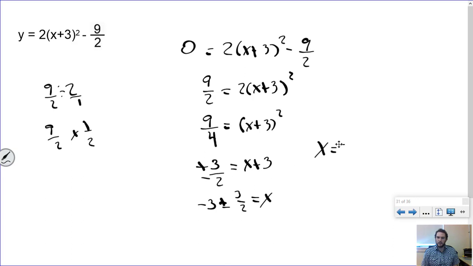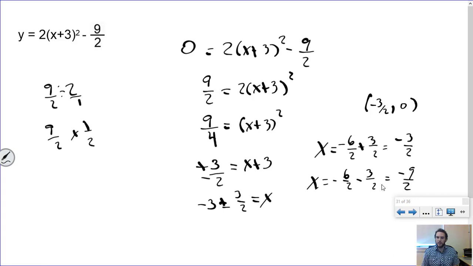So we get negative 6 over 2 plus 3 over 2, which is negative 3 over 2. And negative 6 over 2 minus 3 over 2 is negative 9 over 2. So again, we'd have x-intercepts at negative 3 over 2, comma 0, and negative 9 over 2, comma 0.